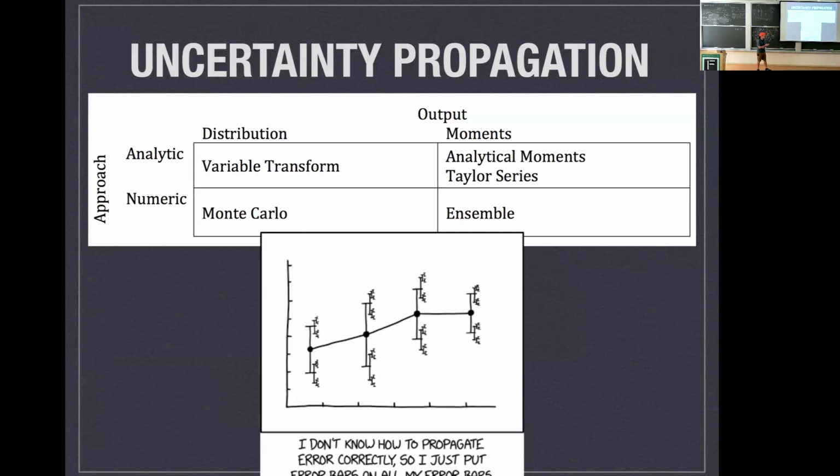Do you want the full probability distribution, or is it sufficient to get some statistical moments? If all you care about is the mean and standard deviation, you don't need the full distribution. In general, things that just give you moments are easier and cheaper than things that give you the full distribution.